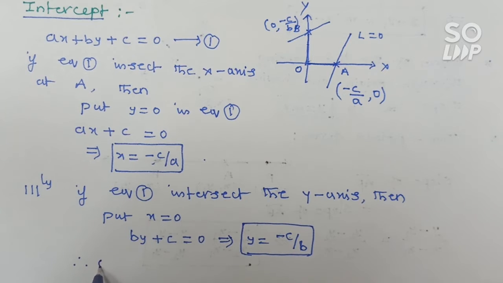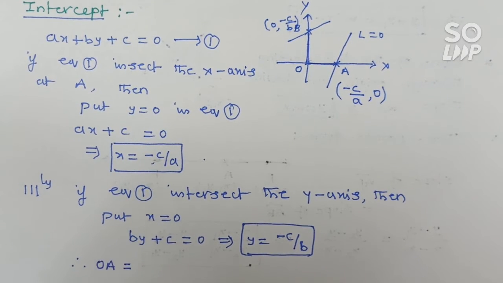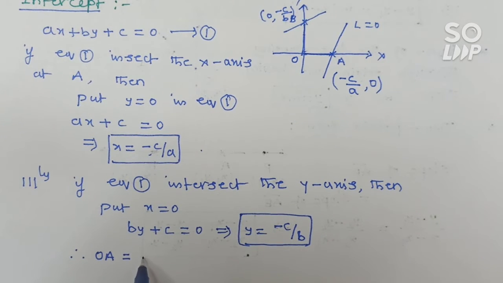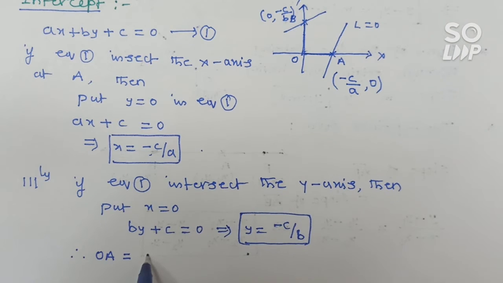Then the distance OA, the distance from the origin to the point A, will be equal to minus c by a.